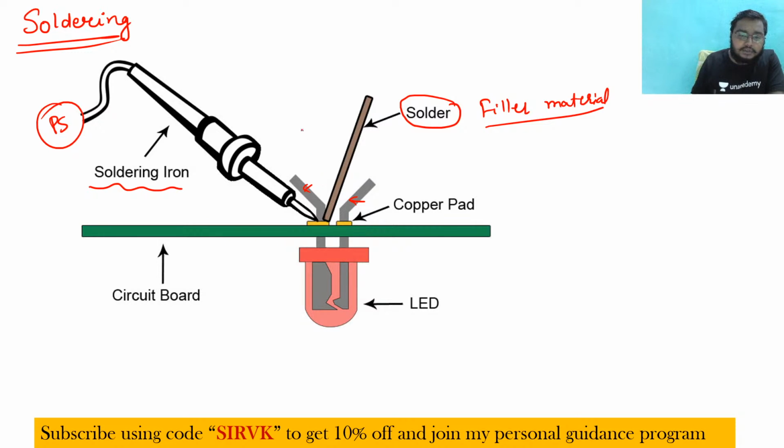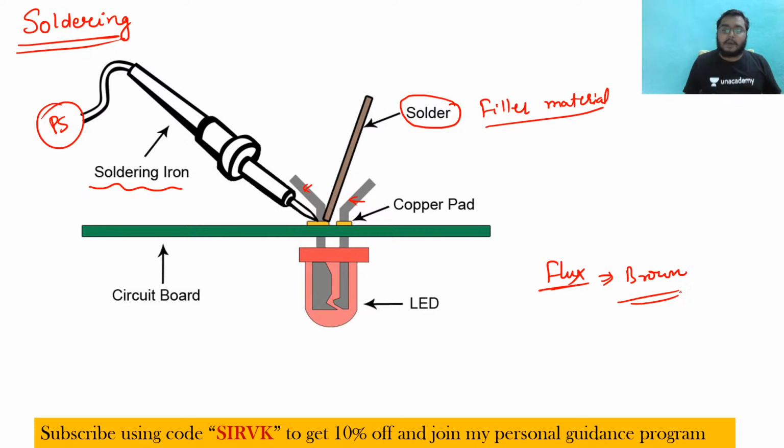And again we are using some kind of flux. Have you seen in the electric shop that whenever the electricians are performing the soldering operation, they use some kind of wax-like thing, brown color, and they say it is a flux? Have you seen these things?